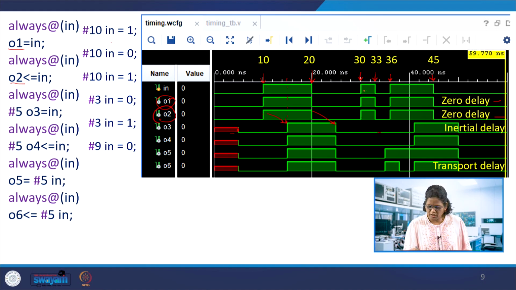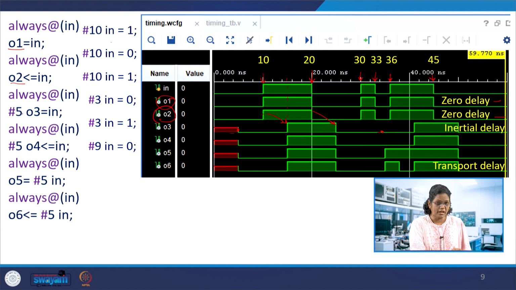This signal changes, so it maintains that 0 only at this point. So there is no glitch, which is a duration below the propagation delay, what we have considered as an initial delay.